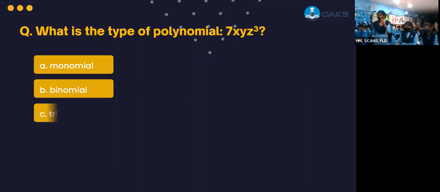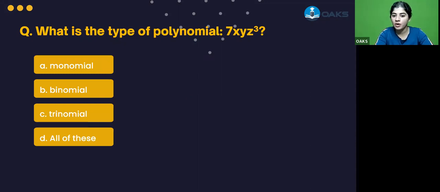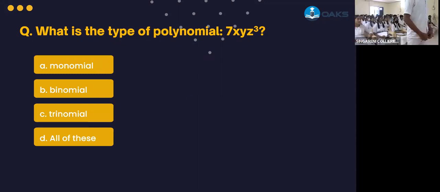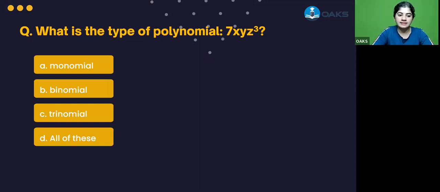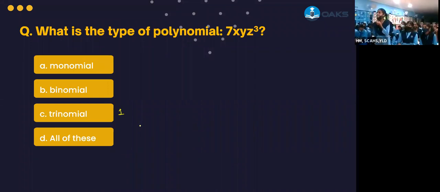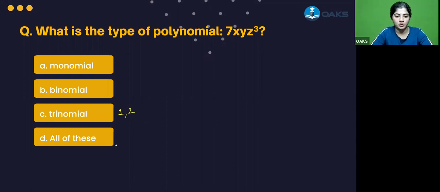There are 4 options. What is the type of this polynomial? C, madam. Okay, you are saying C. And school 2? C, ma'am. Okay, school 2 is saying the same option. Both of you can sit down.